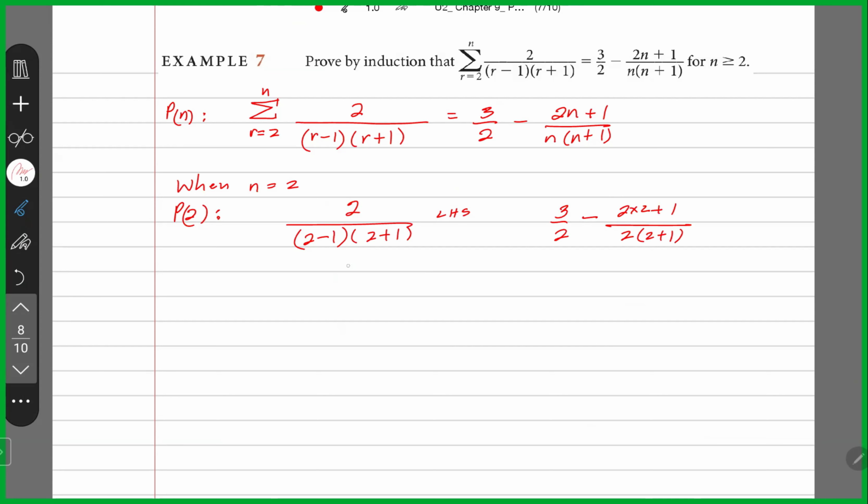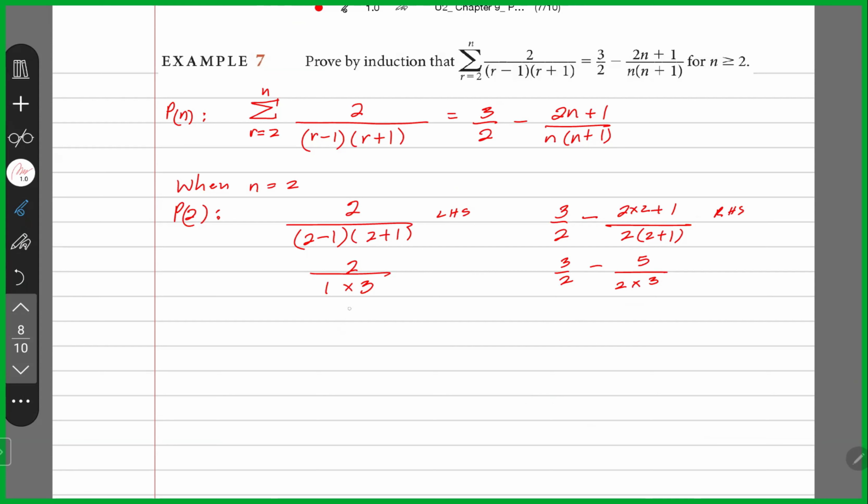So over the left, we have 2 over 1 times 3. Over the right-hand side, we have 3 over 2 minus 5 over 2 times 3.